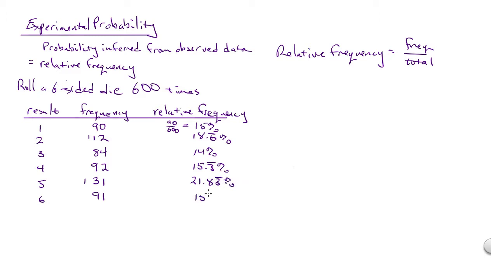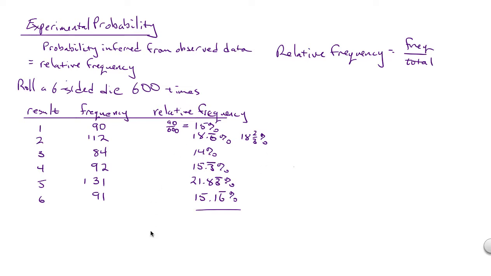And finally, our result of 6 is 91, which is about 15% again, 15.16%. You could write these as fractions too, or as mixed numbers even. 18.6 repeating percent, that's 18 and 2/3%. The point is, these are relative frequencies relative to the total.